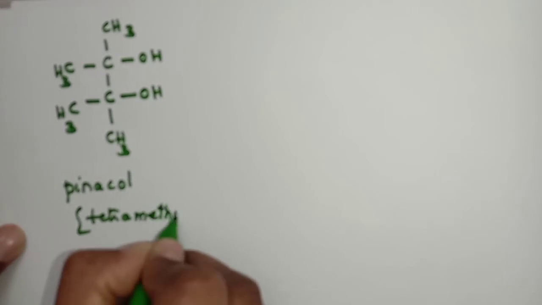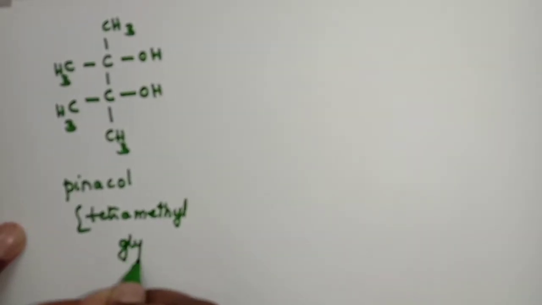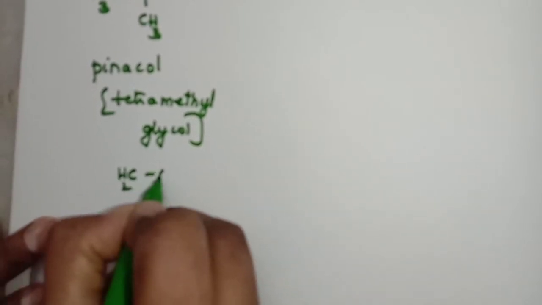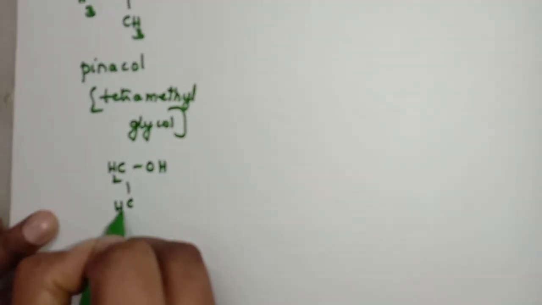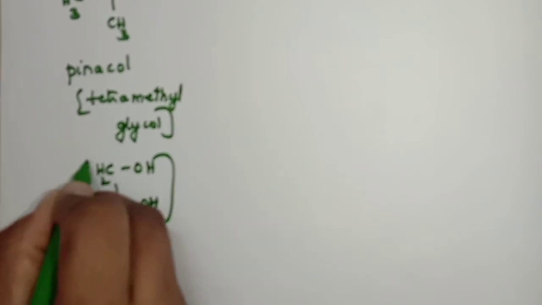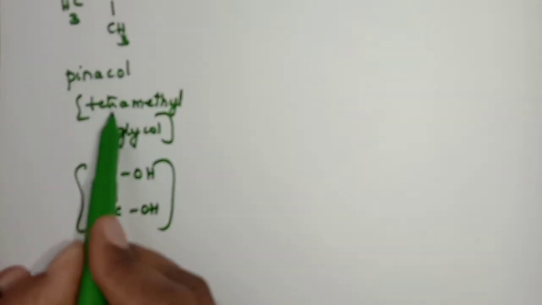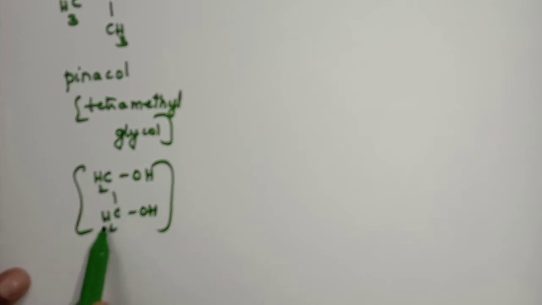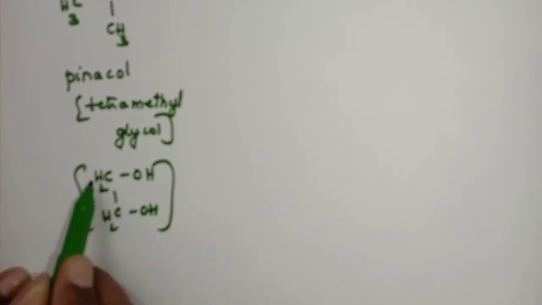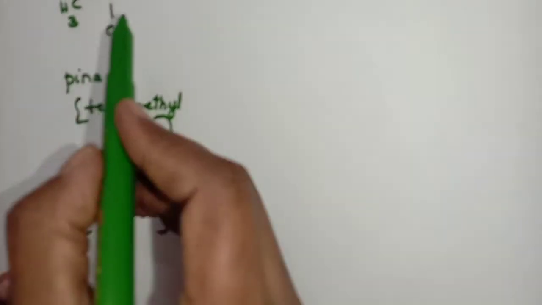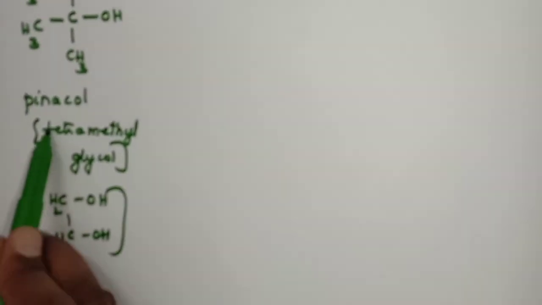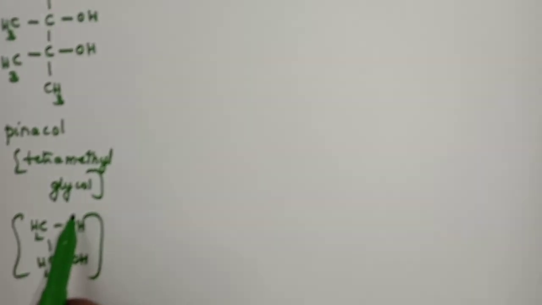You know what glycol is? CH2OH, CH2OH. This is glycol. Now pinacol is tetramethyl glycol. How many hydrogens are here? 2 hydrogens. How many hydrogens are here? 2 hydrogens. In the place of all these 4 hydrogens, in pinacol we have 4 methyl groups, hence it is called tetramethyl glycol.